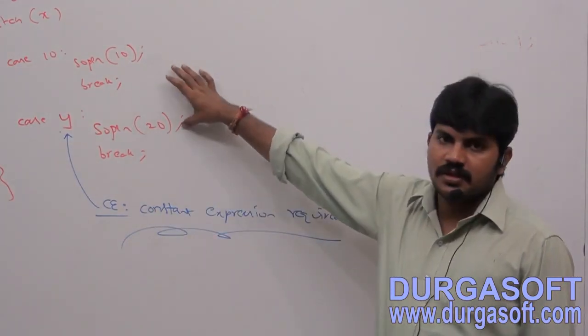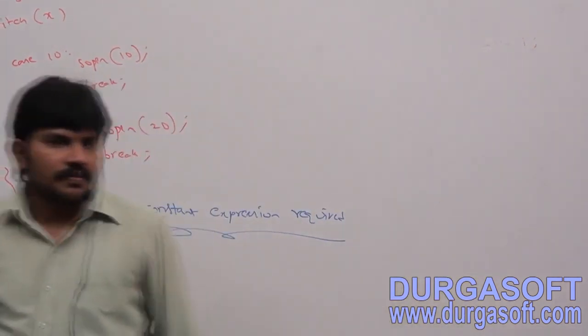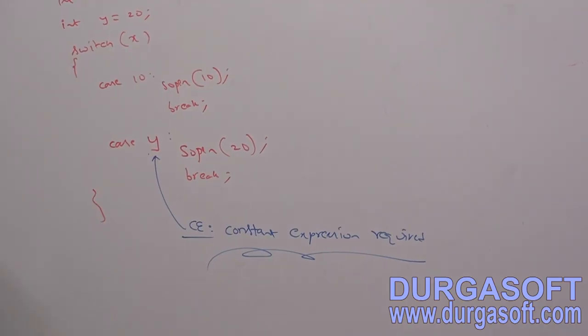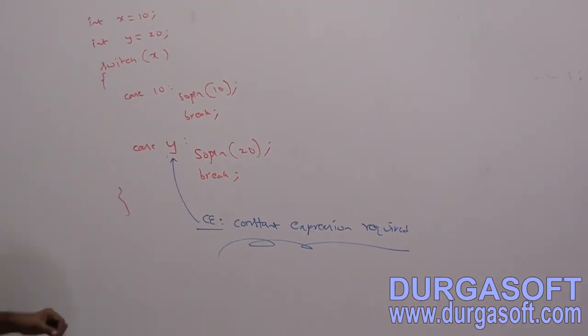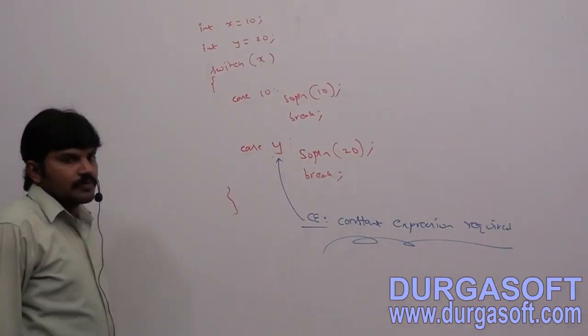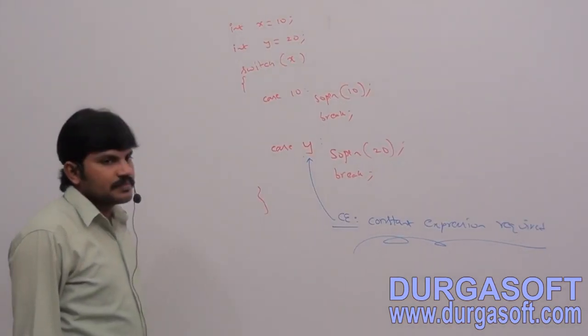Okay, take this example: int x is equal to 10, int y is equal to 20, switch of x.